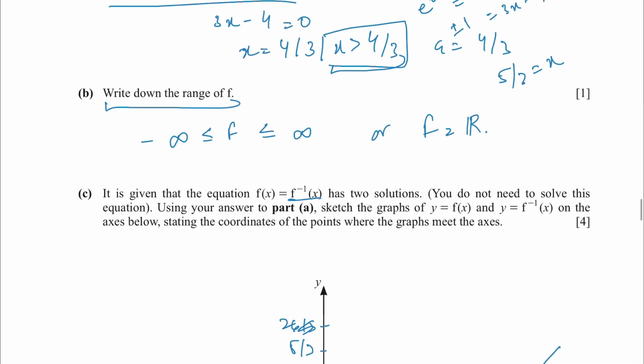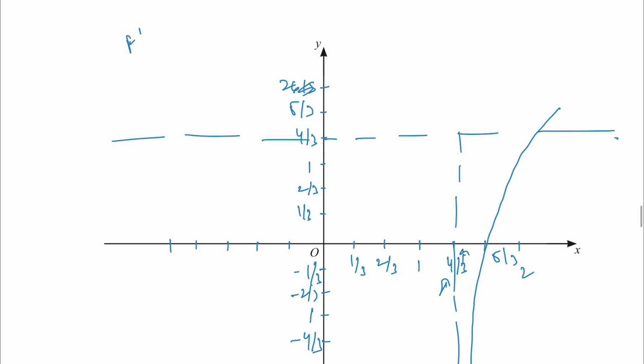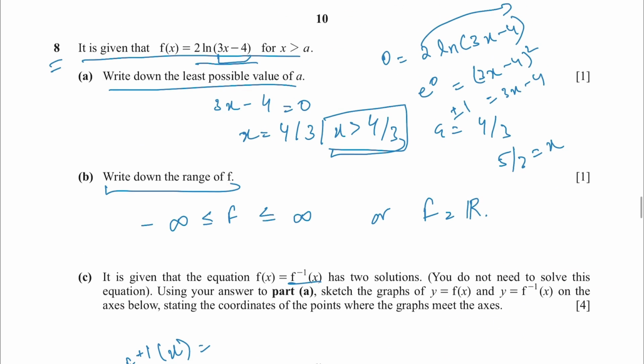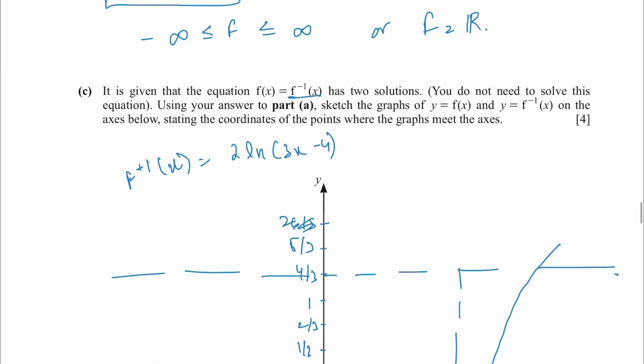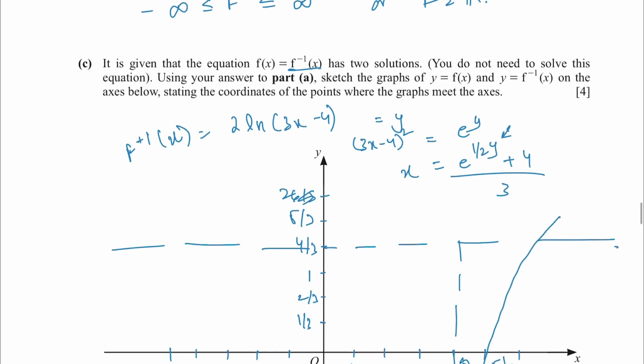Let's calculate the f inverse of x. F inverse of x would look like this: 2 ln (3x minus 4) equals y. So this would be e to the power y equals 3x minus 4 whole squared. This would be e to the power 1 over 2 y plus 4 over 3 equals x, and this x can be substituted.